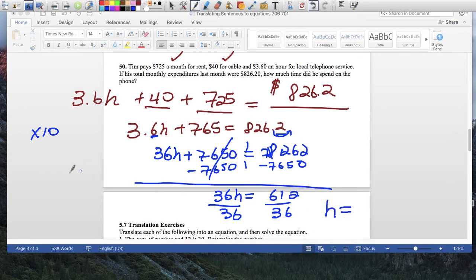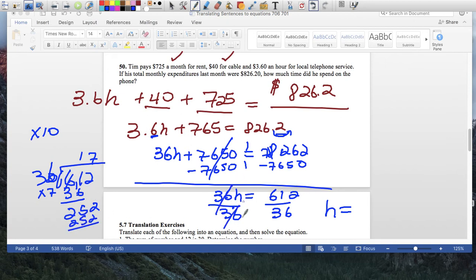And h equals 612 divided by 36. 36 goes into 61 once, 61 minus 36 is 25, bring down the 2, 252, and 36 times 7 is 252. So h equals 17.